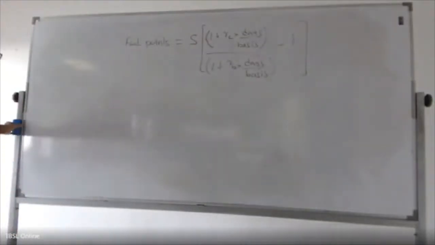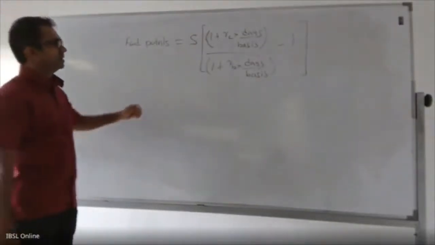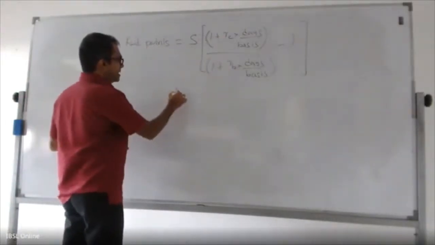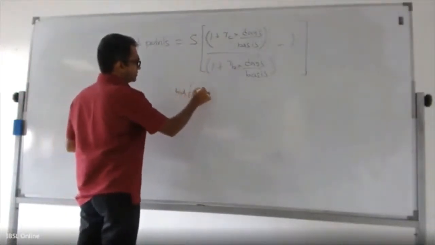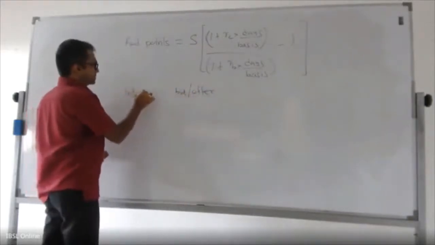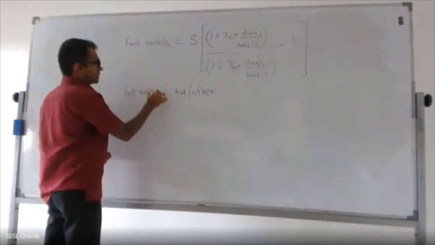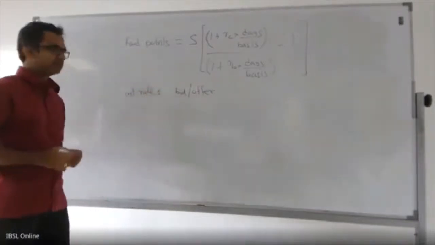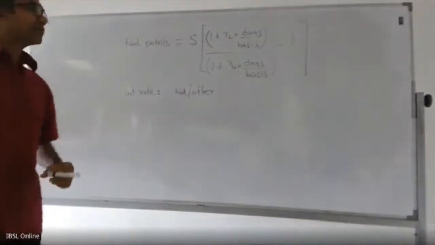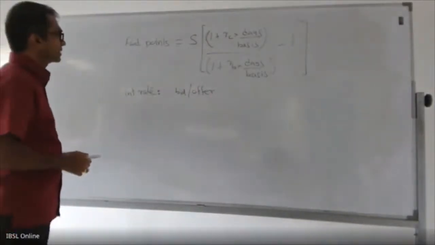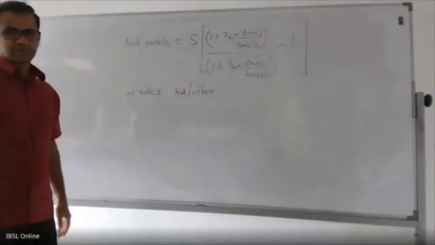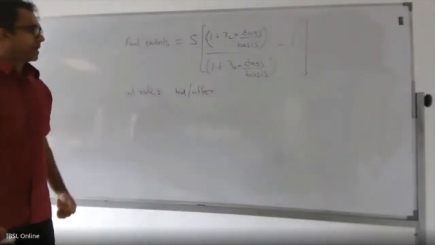Now, we discussed that the interest rates are quoted in the market as bid and offer interest rates. Whether you use the bid rate or the offer rate to calculate the forward points matters.